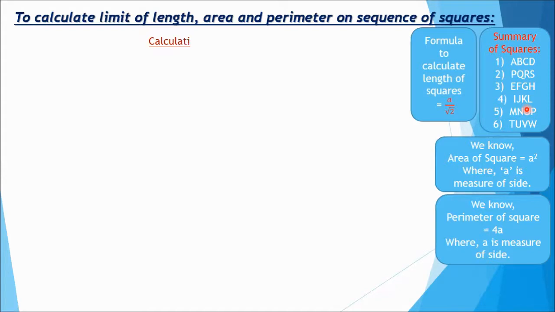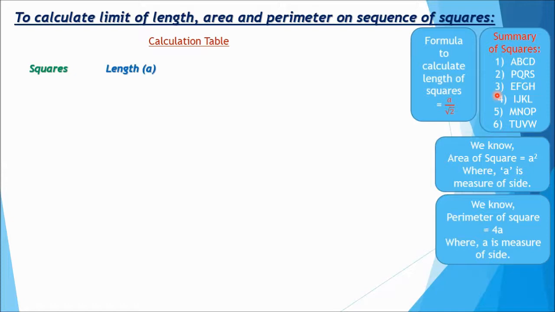Now we need 4 columns. In the first column there will be the name of the square. You can see here: ABCD, PQRS, EFGH. In the next column there will be the length of the square.